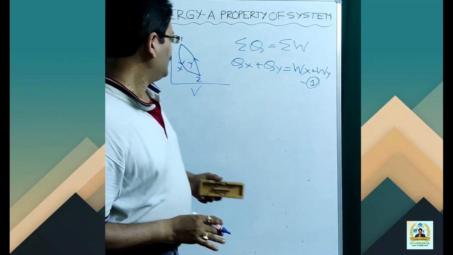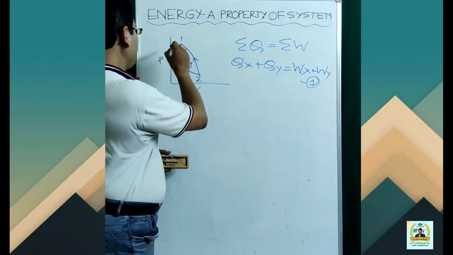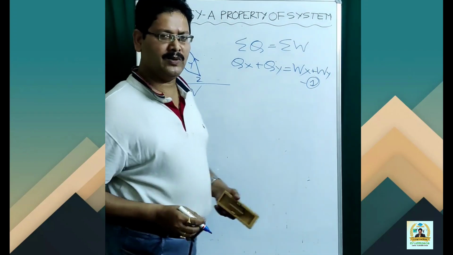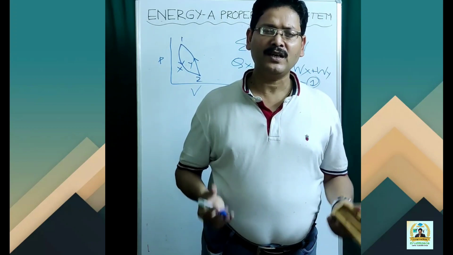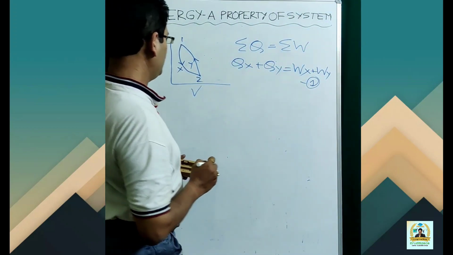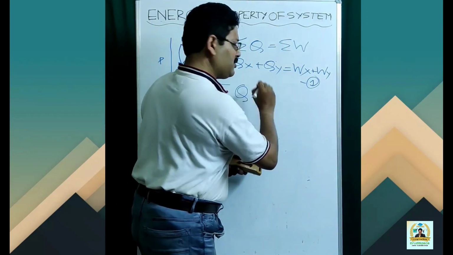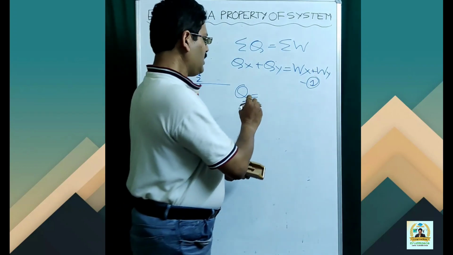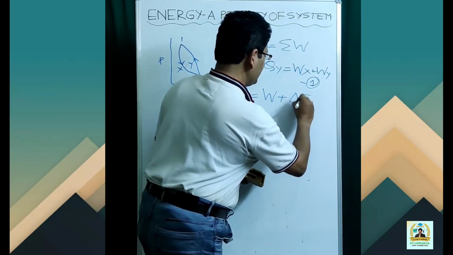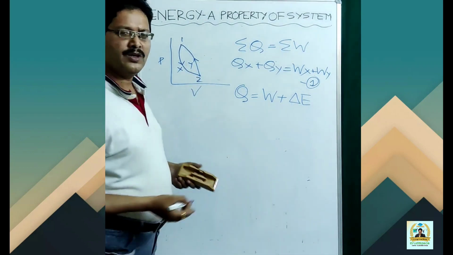Now, we have two processes, one following the 1x2 path, another following the 2y1 path. We will apply the first law of thermodynamics for individual processes. So let us consider 1x2. Here, the heat transfer is equal to the work transfer plus the change in energy, as it is following path 1x2.